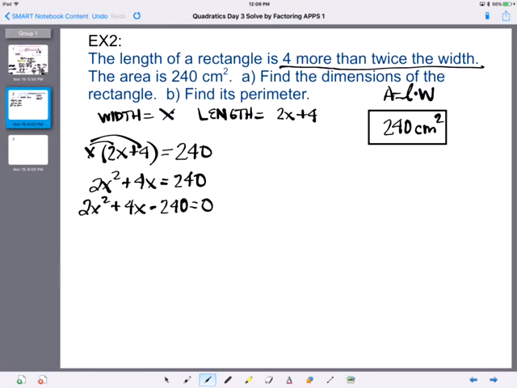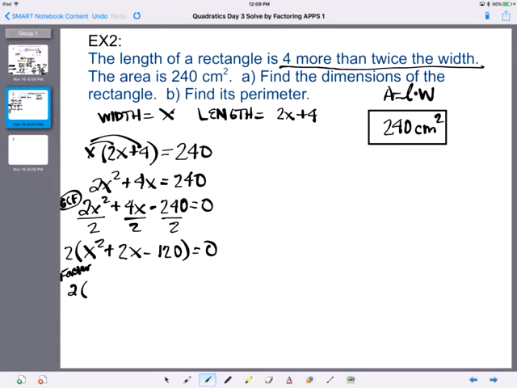Remember, we want to look for a GCF. So I see that all of these are divisible by 2. So factor out that 2, and you're left with x squared plus 2x minus 120.